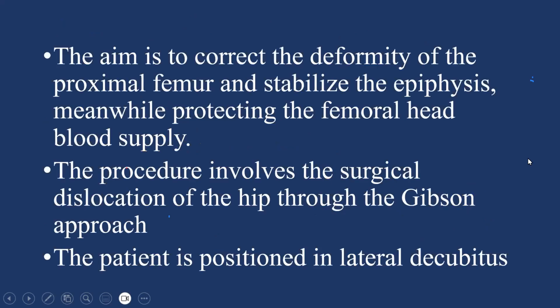The aim is to correct the deformity of the proximal femur and stabilize the epiphysis, meanwhile protecting the femoral head and blood supply. The procedure involves the surgical dislocation of the hip through the Gibson approach. The patient is positioned in the lateral decubitus position.